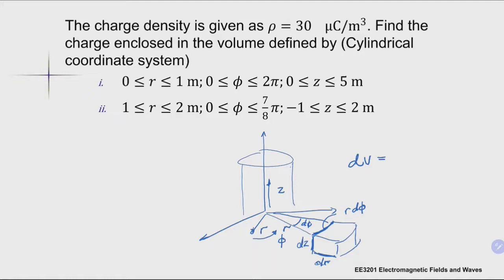So therefore my dV, this volume here, will be equal to r dr d phi dz. And this is for a cylindrical coordinate system. Okay, so with that information, I'm sure you can solve 1 and 2. You can go ahead and try that.